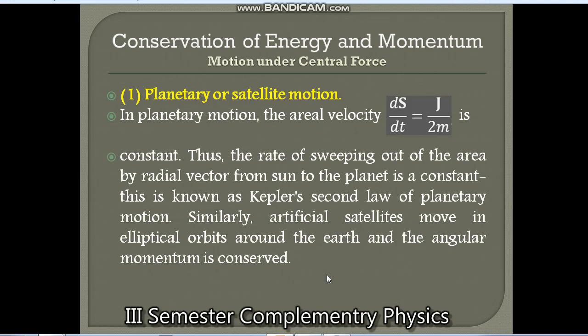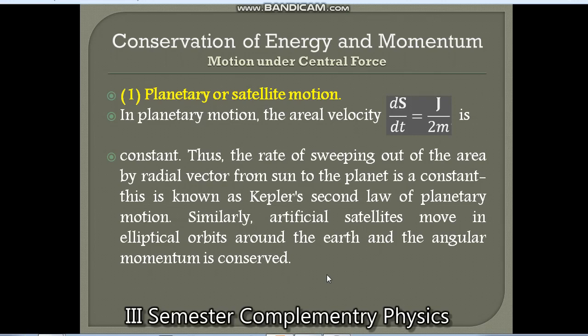So in planetary motion, the areal velocity equal to J by 2m is a constant, or the area swept out by the radius vector is constant in a constant interval of time. Or we can say that the rate of sweeping out of the area by the radius vector from sun to the planet is a constant.